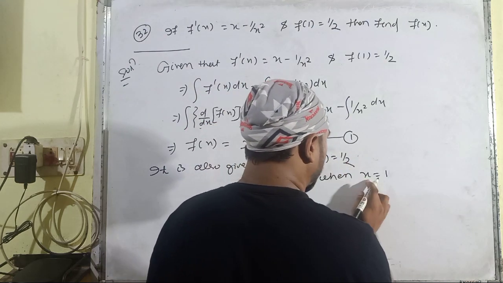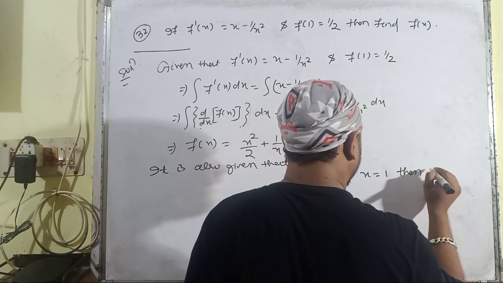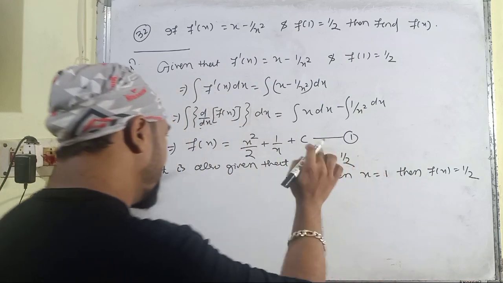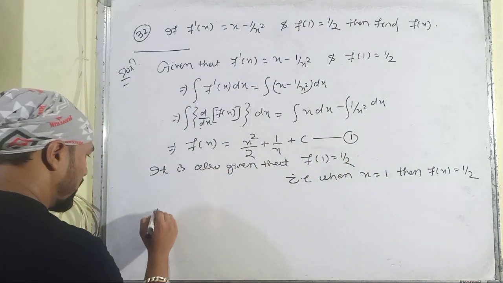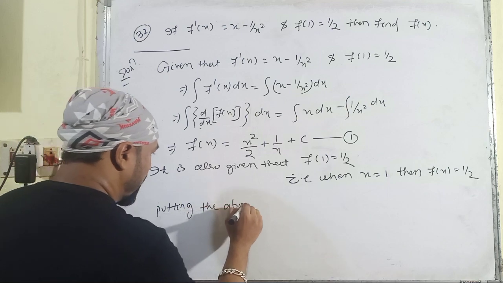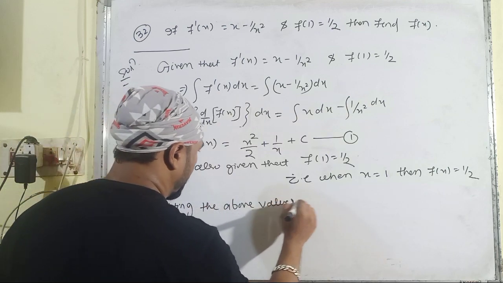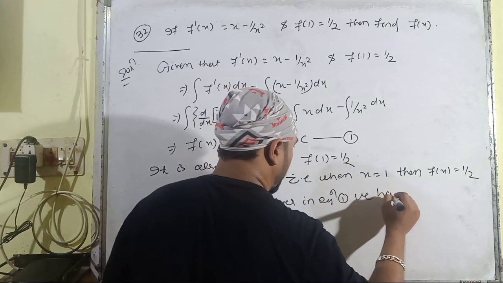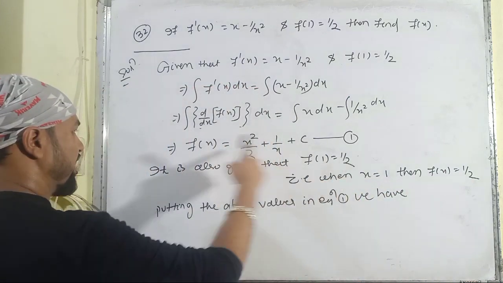So when x is equal to 1, then f of x is equal to 1 by 2. So by putting the above values in equation 1, we have, let us put these values here.